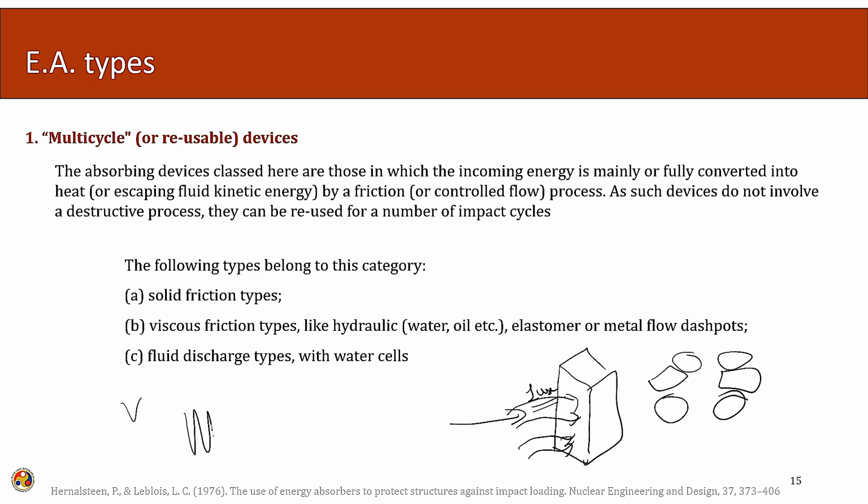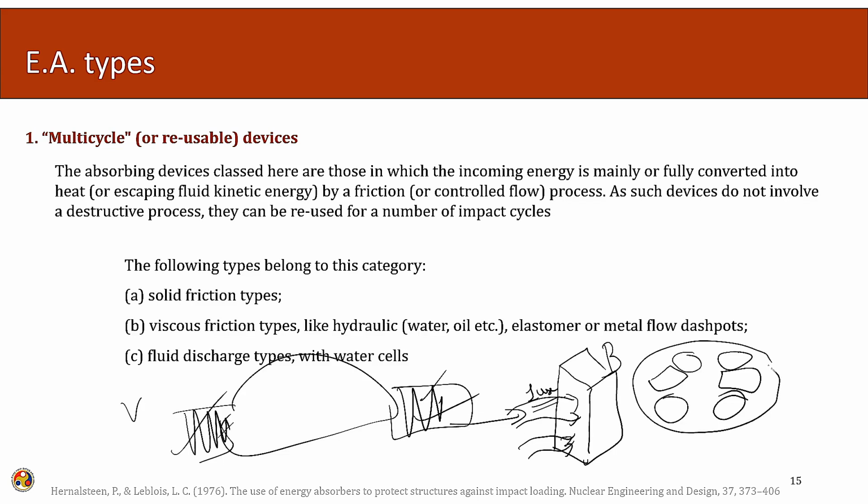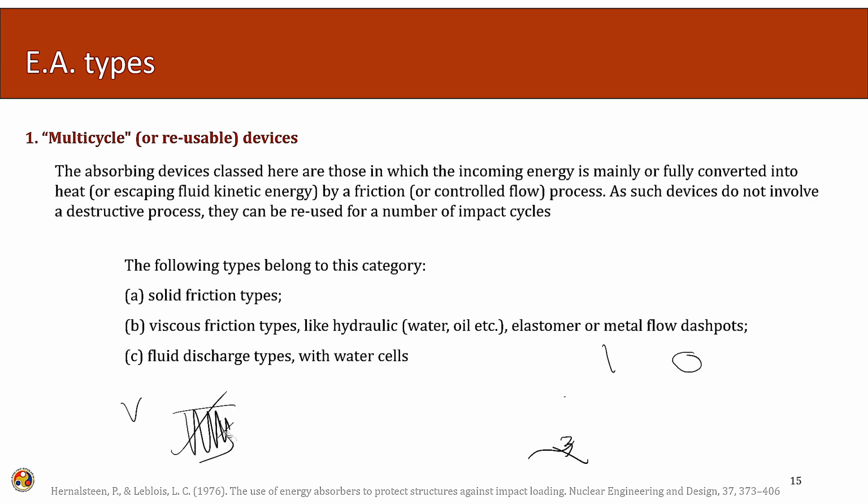If a vehicle impact occurs and the front part and the back part crush out, then we have to replace these parts. So, there is no question of multi-cycle use. We have to replace the entire thing. But in case of bullet protection or packaging, there is a need for multi-cycle use, or reusable devices.